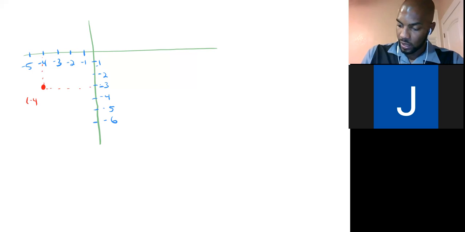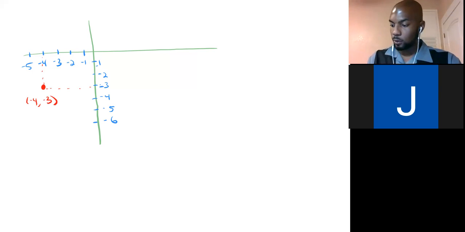-4, -3. Already I can tell, well, I don't know that yet, so we'll wait on that actually. And my next point is 1, -6. So I need a +1, and I need to go all the way down to -6. And that puts me at this point right here.